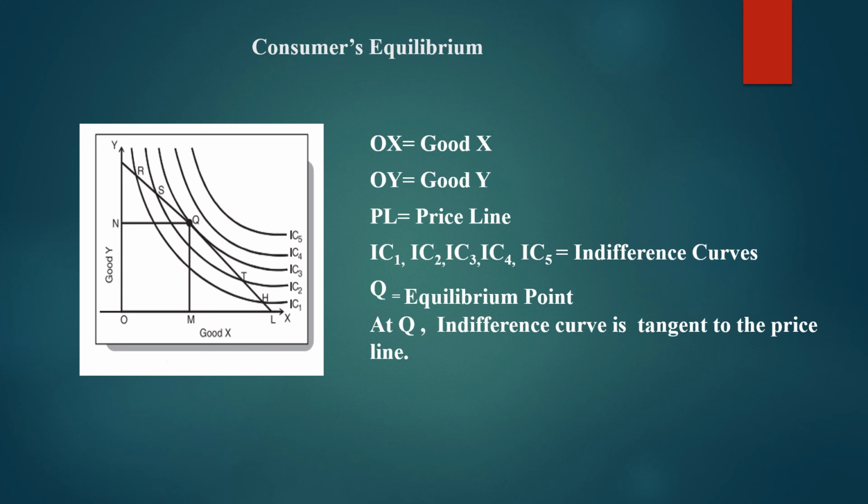That is the equilibrium point. So it happens at point Q. It happens at points R, S, H, T also. But at point Q only the consumer is having more satisfaction because it is lying on the higher indifference curve IC3. So at point Q only the consumer is in equilibrium.